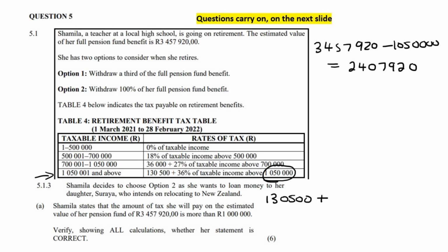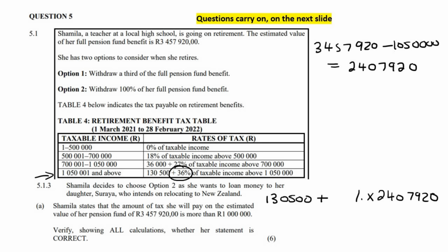Okay, so she's going to pay 36% of that. So 36% multiplied by that 240,7920. Because remember, she pays 36% of her income that is above that amount. So how much more does she have than this value over here? Well, that's this value here, and that's why I've put this over there.